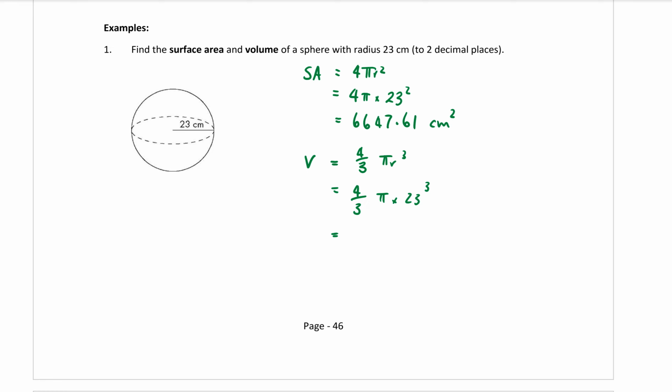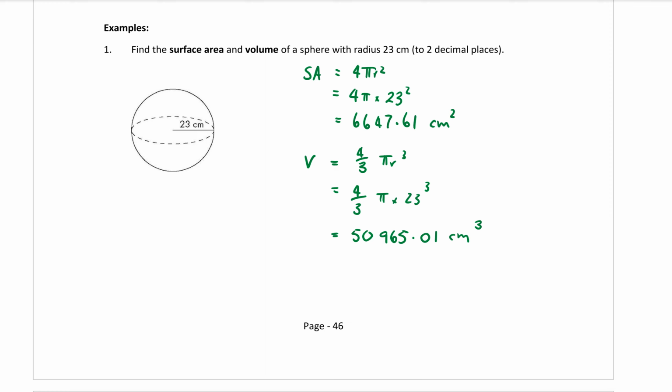Okay, type that in and you can check it. You should get 50,965.01. Volume means centimetres cubed.